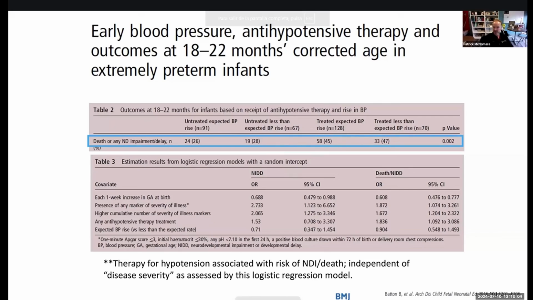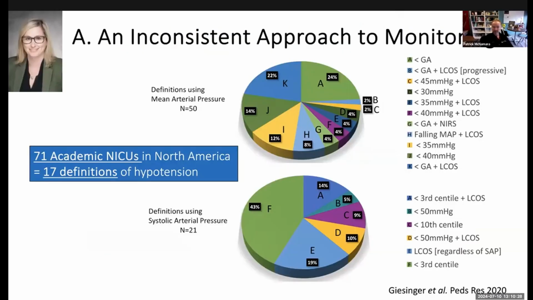It's considered perhaps not important because of the data that we have. There are two ways to interpret this: blood pressure is meaningless, or a physiology-based approach to thinking about blood pressure, and what it means within individual patients, is missing from our care. And I believe the latter is the more likely situation.